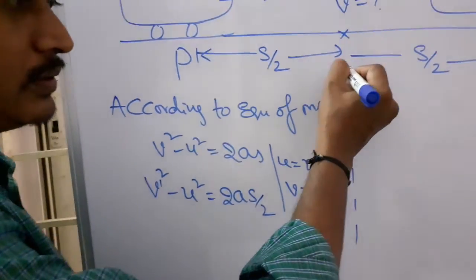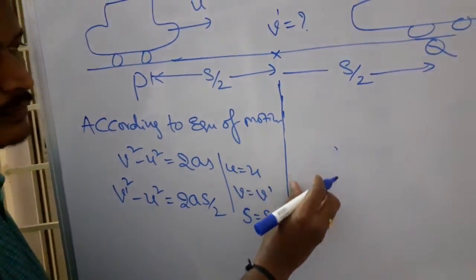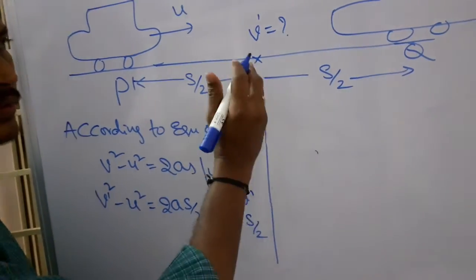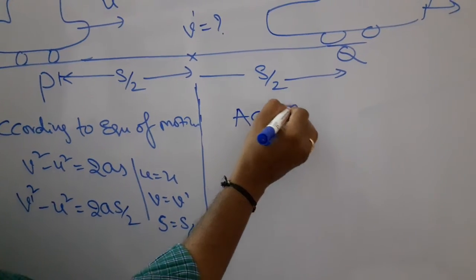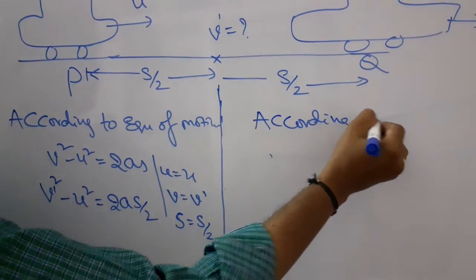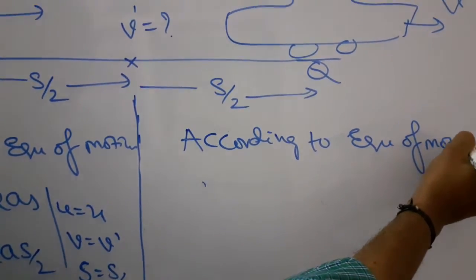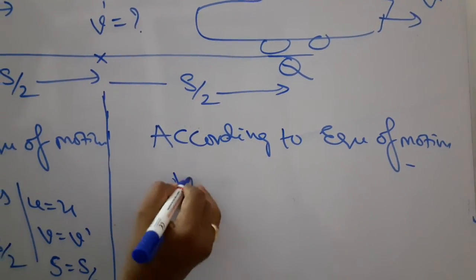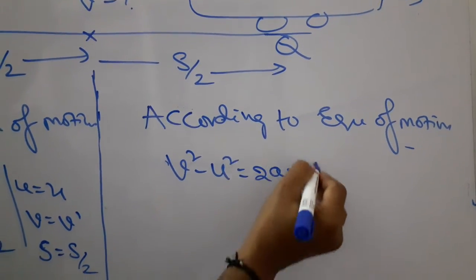Next, according to the equation of motion, v square minus u square is equal to as.